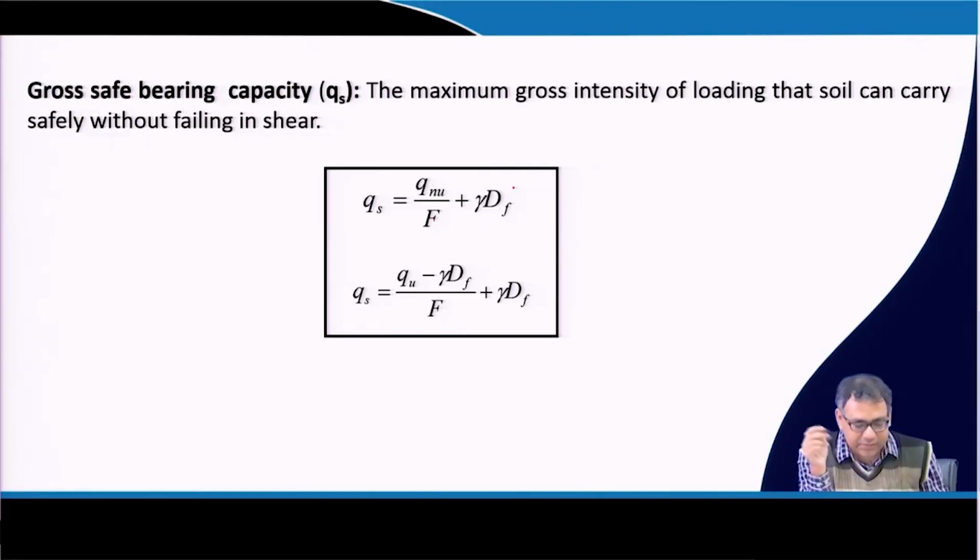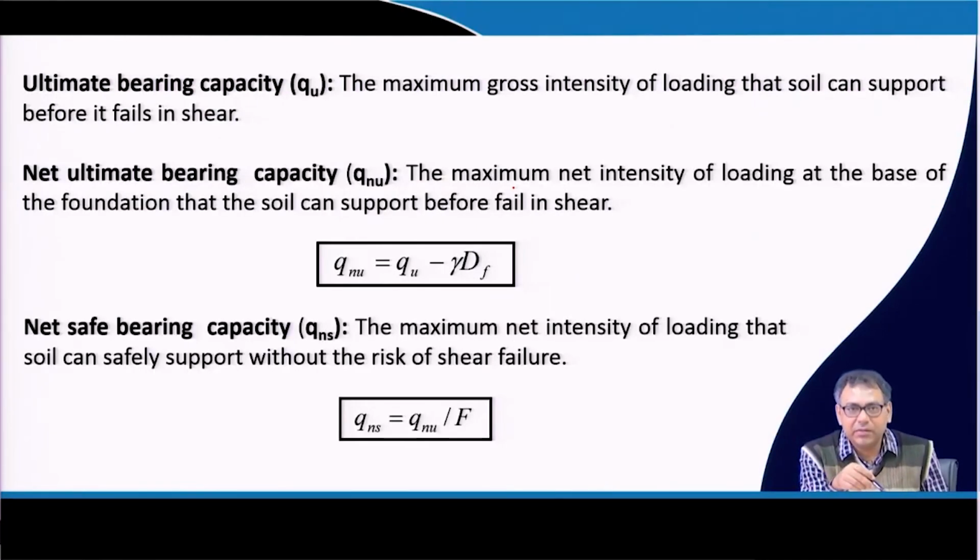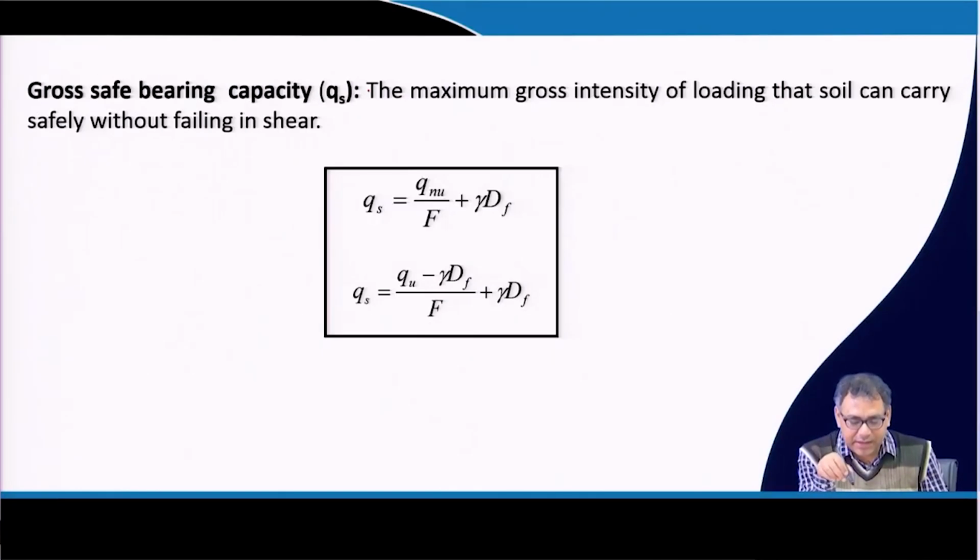So, that means if I directly apply the factor of safety with the ultimate load, that will not be treated as gross safe bearing capacity. The actual definition of the gross bearing capacity is the net ultimate divided by the factor of safety plus gamma dF.